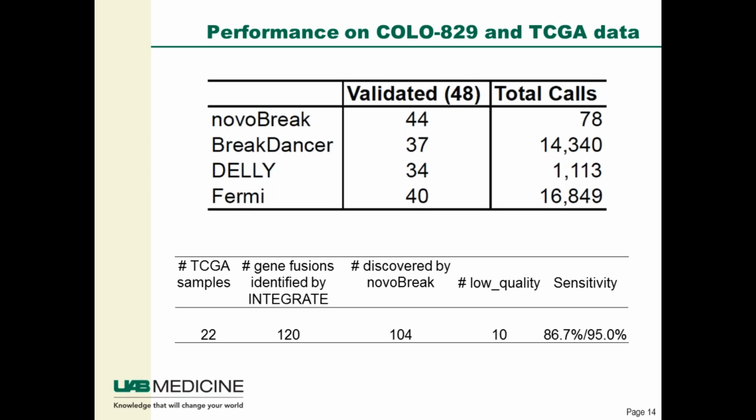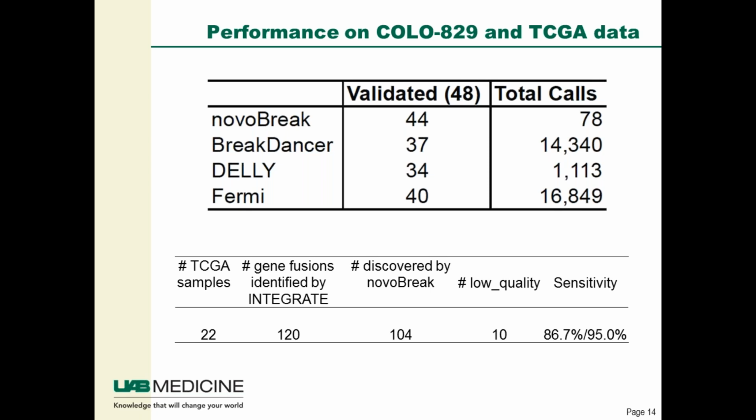I also analyzed the TCGA samples, breast cancer samples. Previously, there was a paper published in Genome Research. There is a tool called Integrate, which identified 120 gene fusions using both whole genome sequencing data and whole transcriptome sequencing data. And NovoBreak can identify 104 of them, with 10 in the low quality regions.